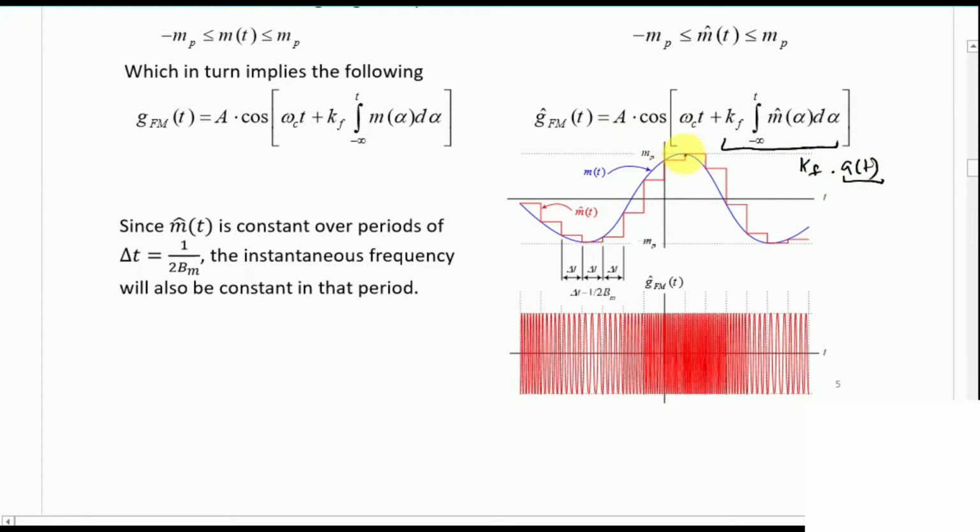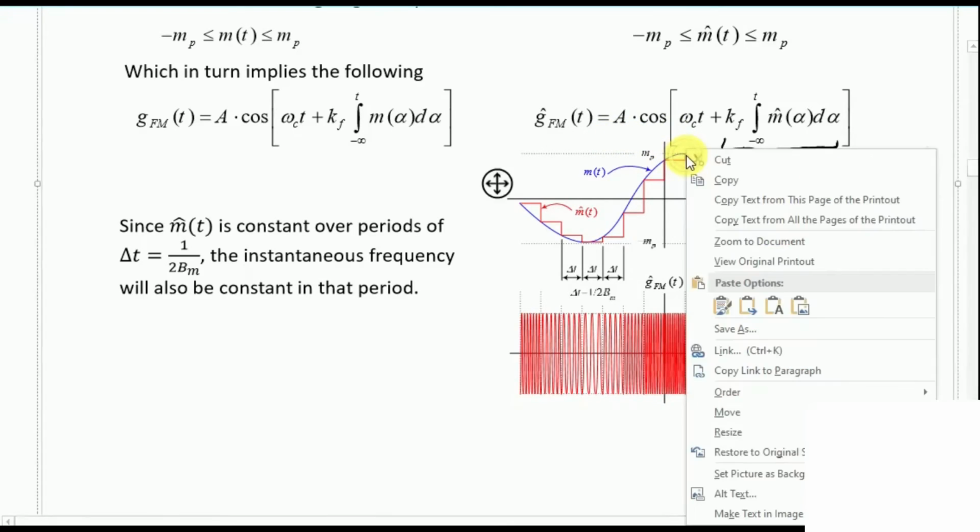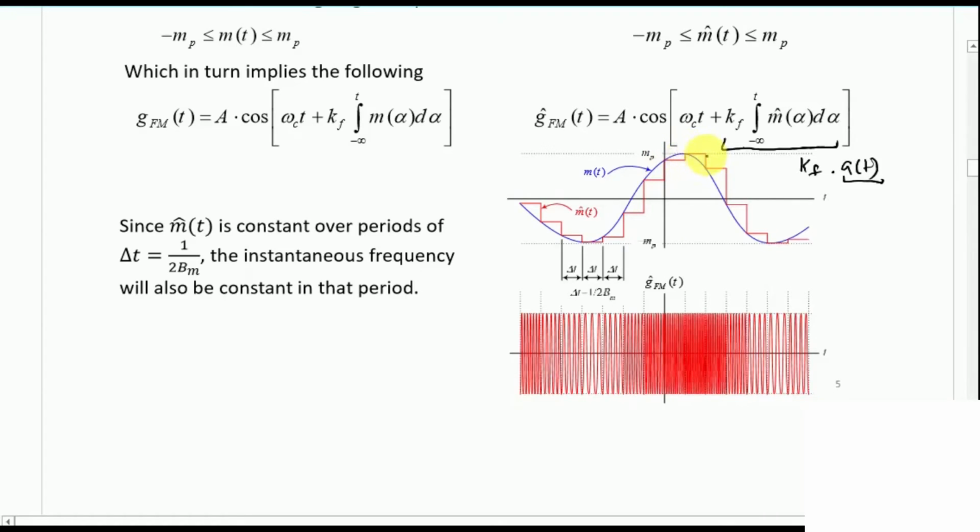Assuming we are considering this point until here, for the approximated signal the amplitude is consistent, right? And that would mean that the oscillation at that particular interval is also consistent, it's not changing.